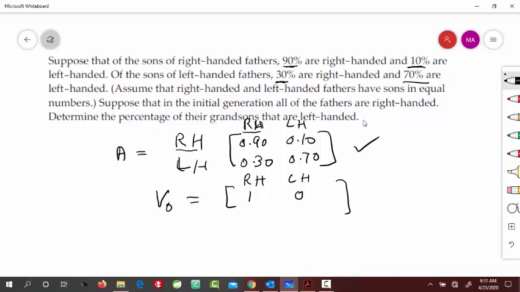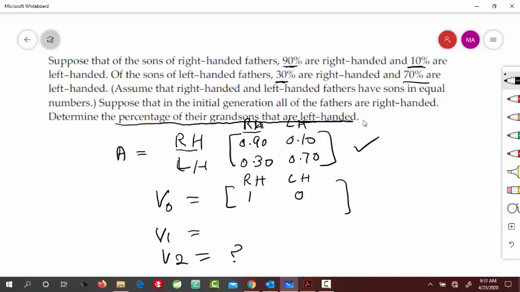So we have to now answer the question: what is the percentage of the grandsons that are left-handed? So basically, we have to find V2. V0 is the initial generation, V1 would represent the next generation and V2 represents the grandsons, right?